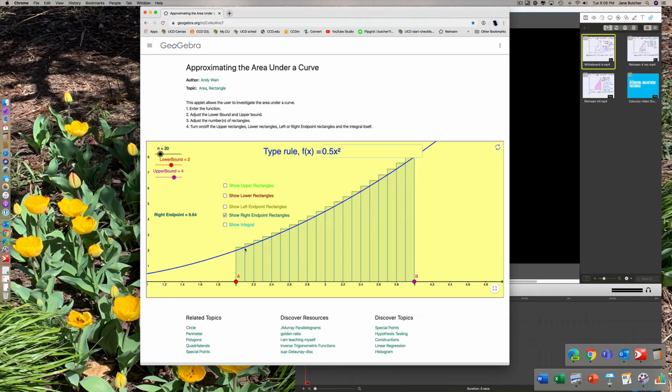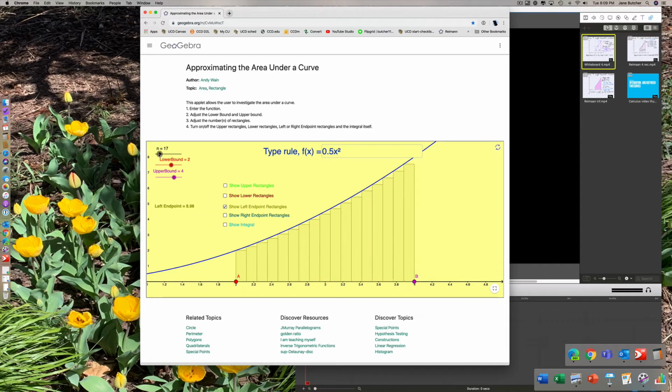Right-handed means the height of the rectangle is on the right side of the rectangle where it hits that curve. So then you draw your rectangles, you go to where the curve is and draw the rectangle out to the left of that. Left-handed endpoints is the opposite thing.